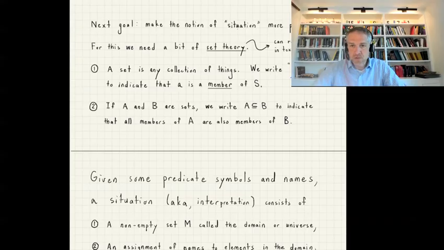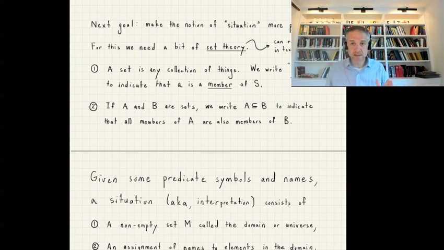Okay, one other notion that will be helpful for us to introduce is the notion of subset. That's different because an element is a thing in a set. A subset of a set is another set whose elements all happen to be contained in the larger set. So it's a sub-collection of the original collection. That notion of being a subset is definable in terms of the notion of being a member in the following sense.